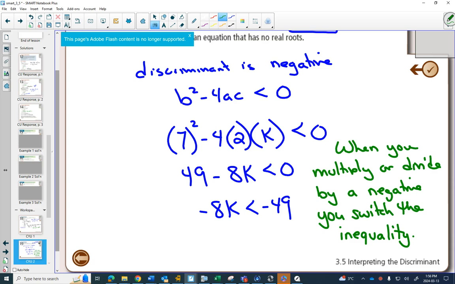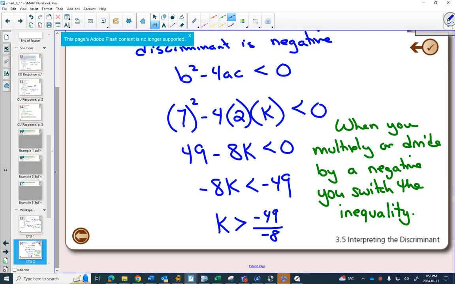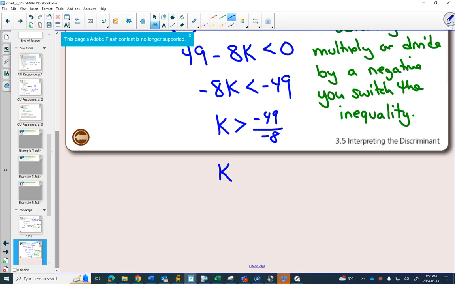So at this next stage, in order to get k by itself, I would need to divide by negative 8. But because I run into this green rule, I'm dividing by a negative, so instead of a less than sign, it all of a sudden changes to a greater than sign. Of course, you could simplify this. Negative over negative is positive. So the k values have to be bigger than 49 over 8.